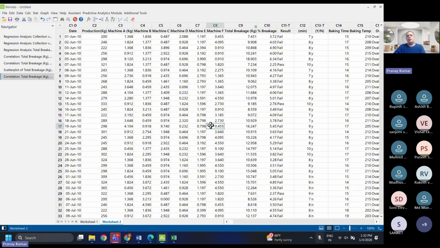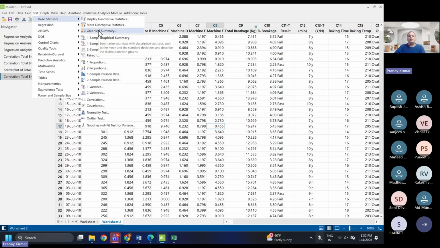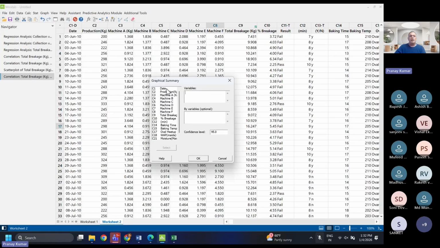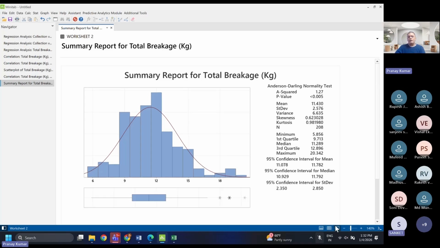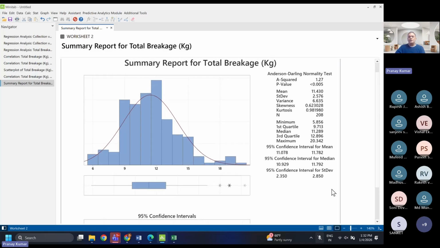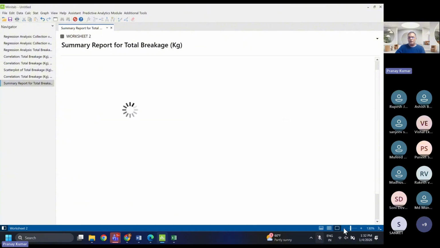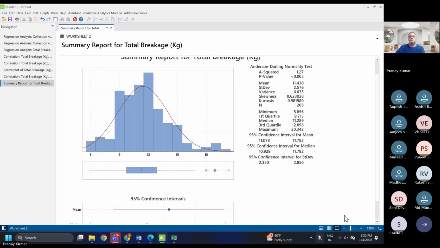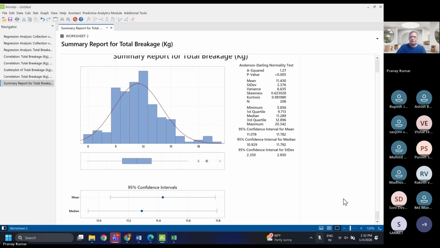I want to check whether this is normally distributed or not. Option number one, I can go to stats, basic stats, graphical summary. Double click, press OK. One of the first things that graphical summary will give you is the Anderson-Darling normality test. Everyone, you guys can see my screen, right? Yes, sir.